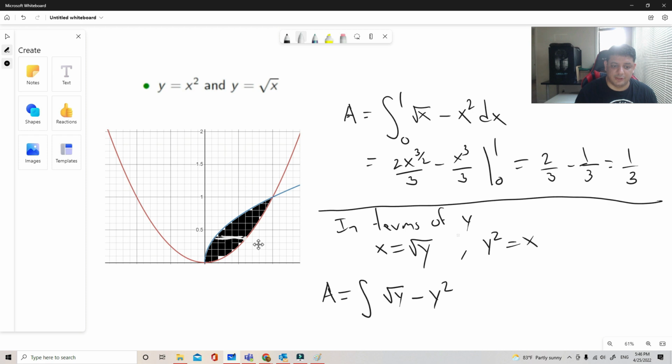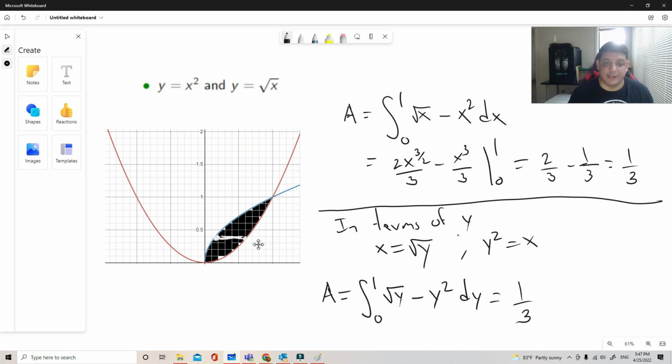So this is top, this is bottom, and so this function is the square root of y. This function is y squared. So this is going to be dy, and of course now we're going from 0 to 1 in terms of y. Notice that this is exactly the same integral, so the result is going to be exactly the same.